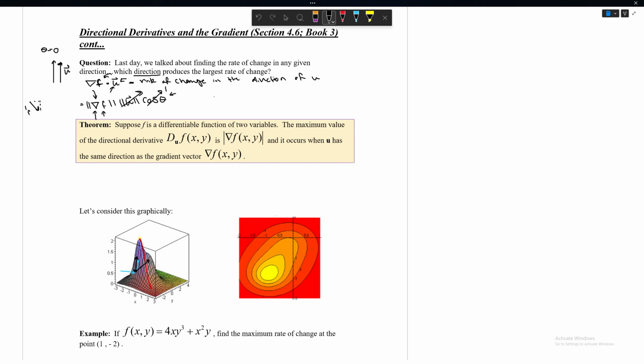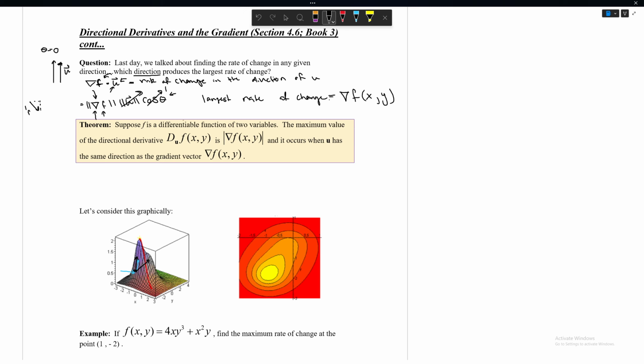And so what we say is your largest rate of change is the magnitude of your gradient at the given point, at the x and y that you're looking for.